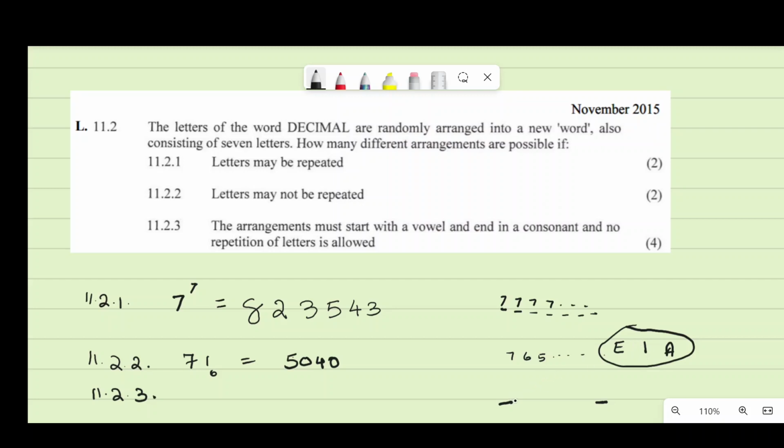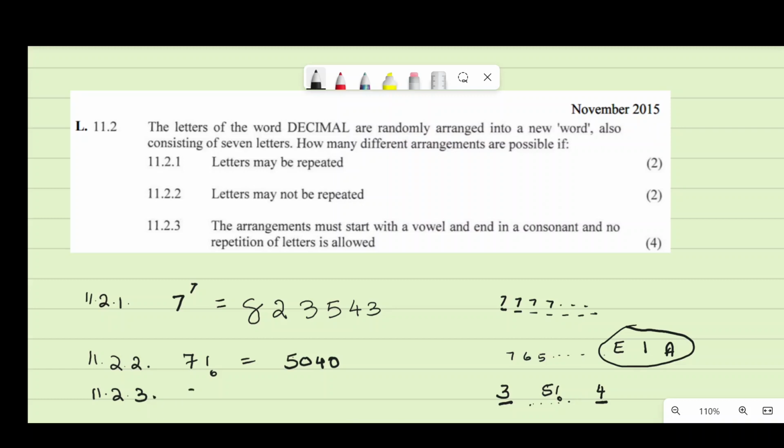So first letter must start with a vowel. That means we have 3 choices. And the word must end with a consonant. That means we have 4 choices there. How many letters are still remaining? 2 letters are gone out of 7, so 5. 5 letters can be arranged in 5, 4, 3, 2, 1.